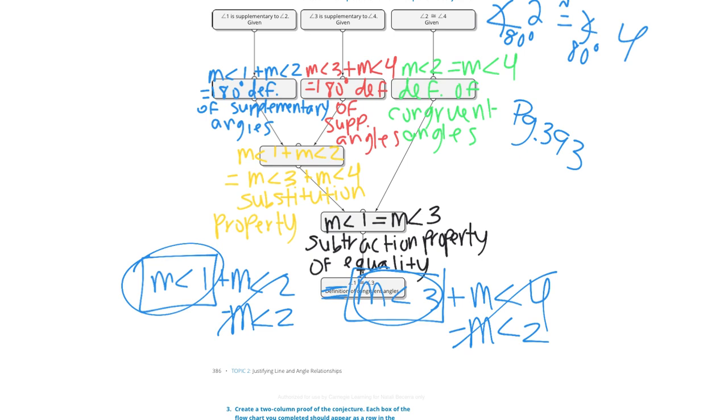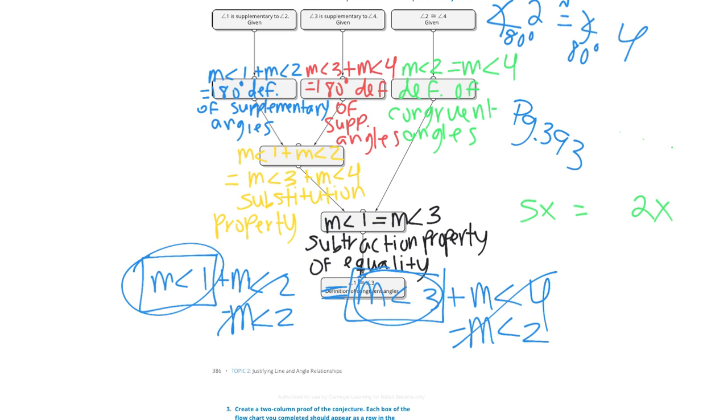To elaborate just a little bit more on this, we already did this in class, the subtraction property of equality, but algebraically, if I have 5x is equal to 2x, let me erase this, I didn't need to write that.